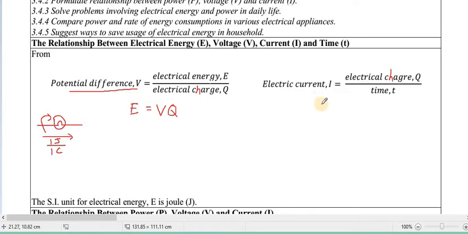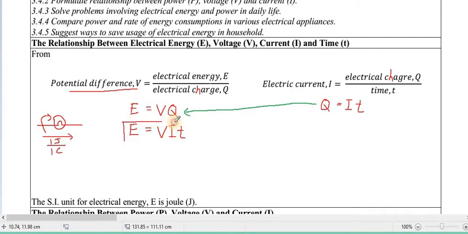So this amount of charge that passes through will be equal to the current times the time. So what we do is we substitute this amount of charge into here. Then we get that the electrical energy will be equal to the potential difference times the current times the time for the charge to flow. Okay?